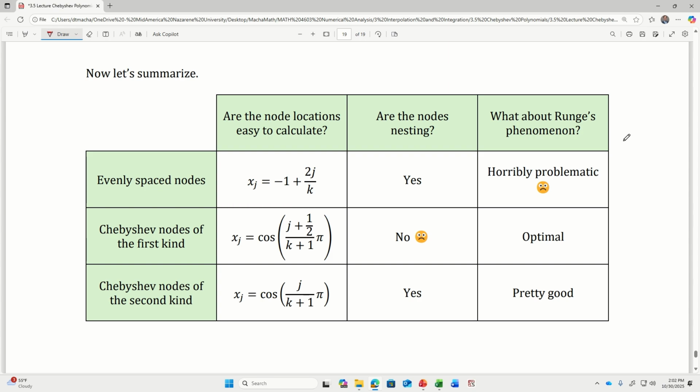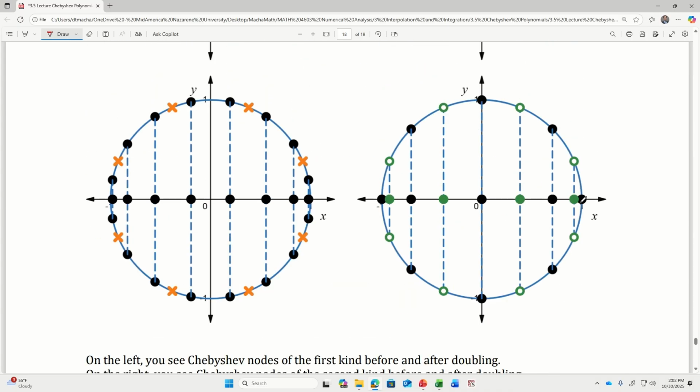But because the second kind includes the nodes of the first kind, you know, of a lower order, and because you're still using the same overall circular density pattern, right? It's still more sparse in the middle because the circle is flatter, and it's still more dense on the edges because the circle gets steeper.